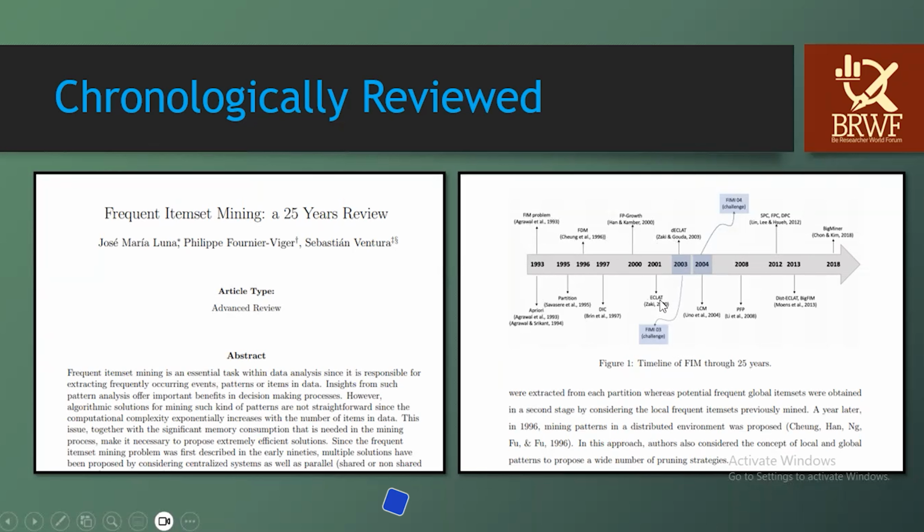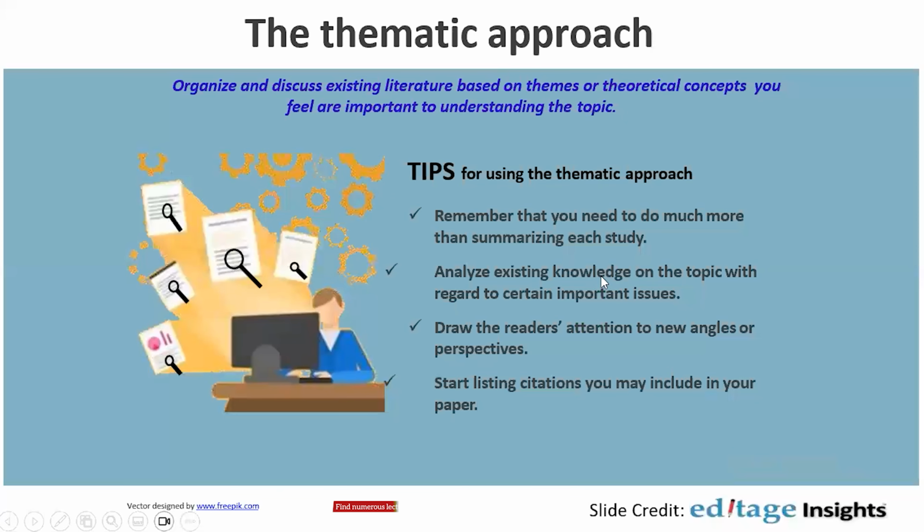Then, for example in 2003, there is another new idea, Eclat. Then again in 2013, there is another, descending Eclat. Then again, finally, this is BigMine. Okay, so when you are considering the literature according to the publication date, it is called chronological order.